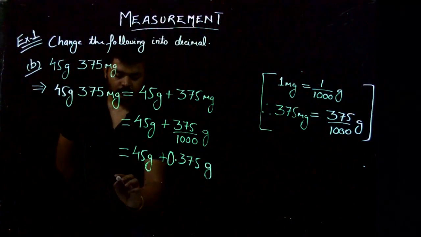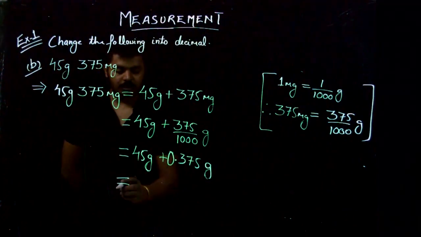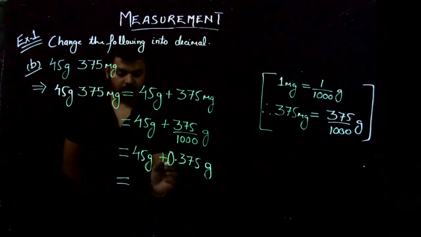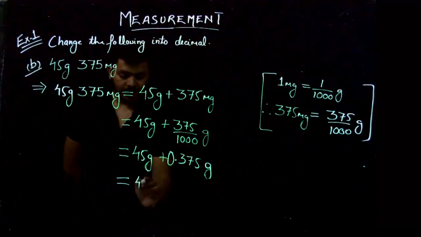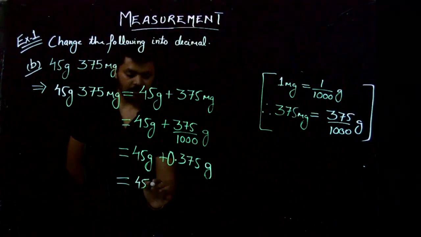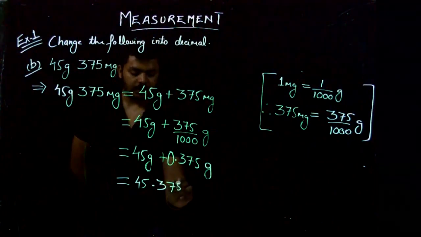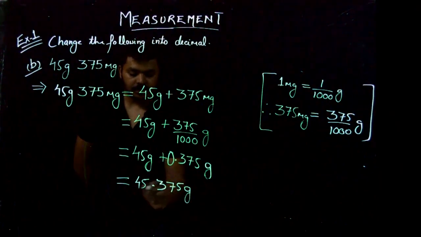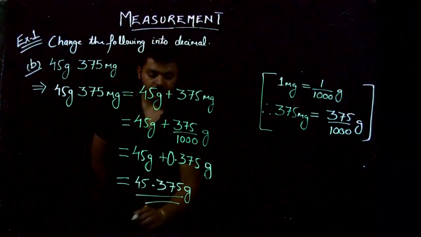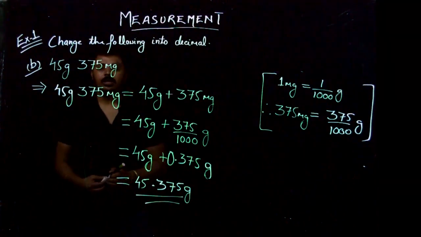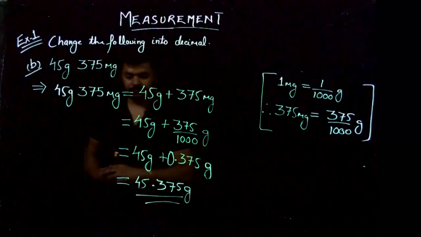Now we add both of them, in grams, we get 45, that is our whole number part, 0.375 grams, that is our decimal part. So in this way we have changed it into decimal form.